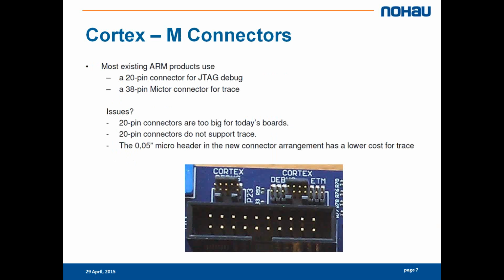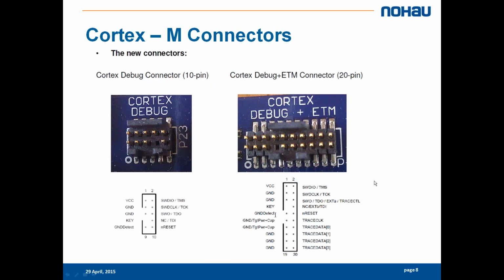These are the connectors I have on my target. The one at the bottom is a standard JTAG, a little bit older. Then we have the Cortex half size for debug and debug with serial wire viewer. And then we have the Cortex Debug plus ETM, which has the full trace capabilities.